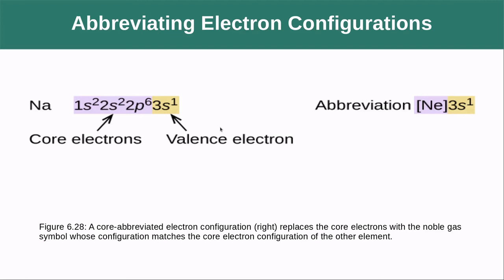So this is the electron configuration for sodium here. Then you can see the beginning of this, all its core electrons, the ones that don't have the highest principal number, are the same as the electron configuration for neon. So I will abbreviate it by replacing this whole first part with neon and then only writing out the valence portion after it.